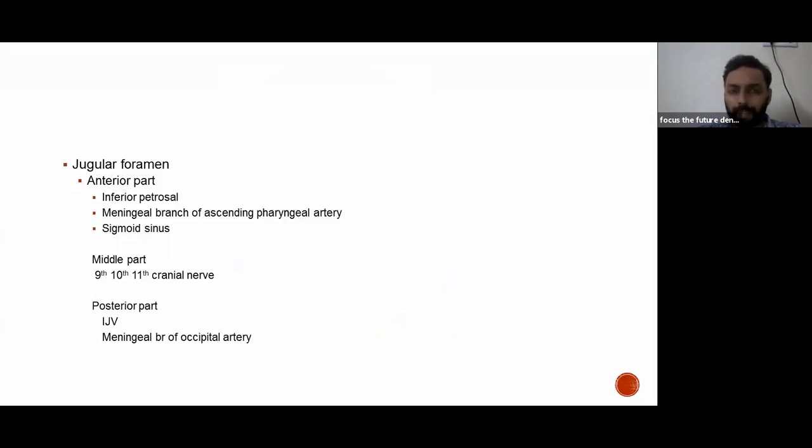So jugular foramen is divided into anterior, middle, and posterior part. Today I want you to focus attention mostly on two things. One is the middle part, which are the nerves which pass through the middle part. Can you name these nerves?